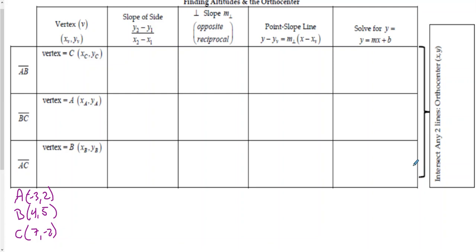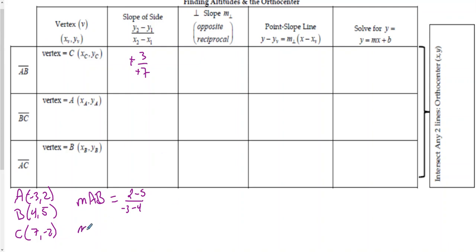So let's start off. I'm going to do AB. So let's find the slope of AB. That is going to be equal to 2 minus 5 over negative 3 minus 4. And so that gives us a slope of negative 3 over negative 7, which is really, in fact, 3 over 7.